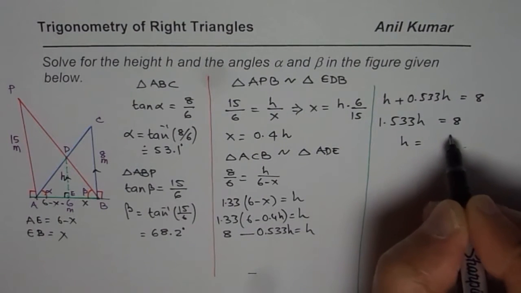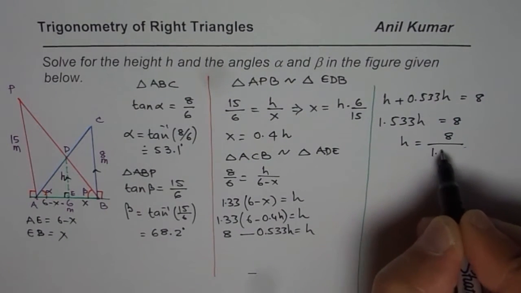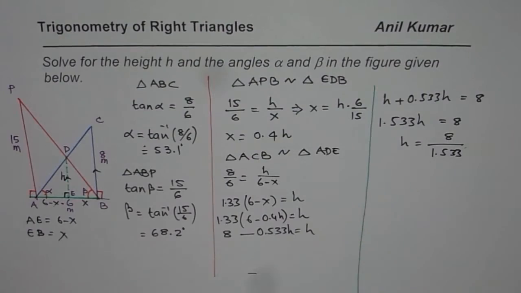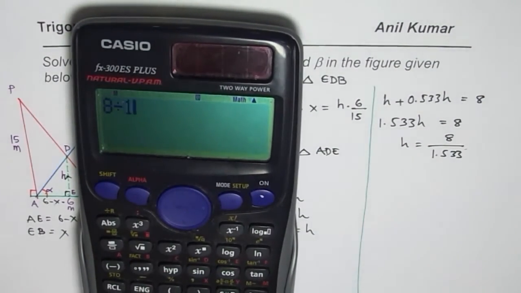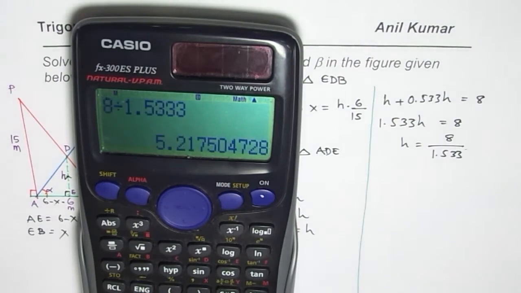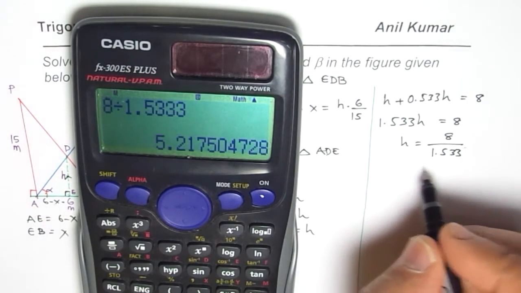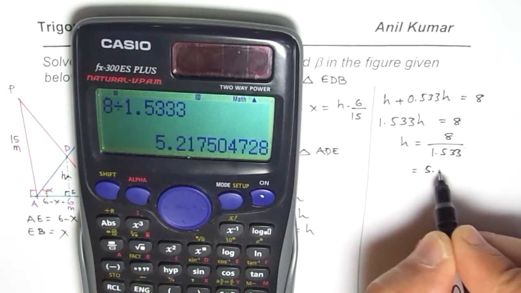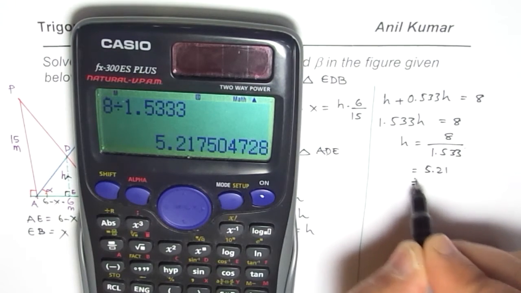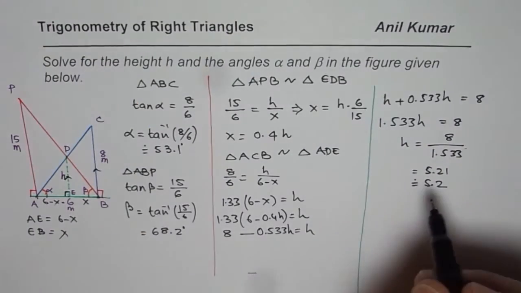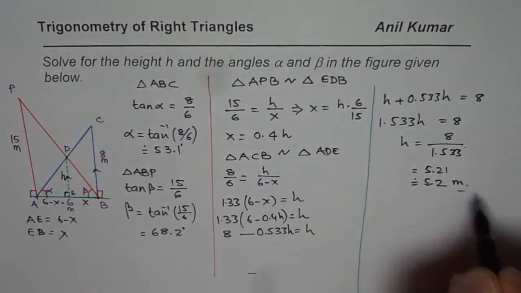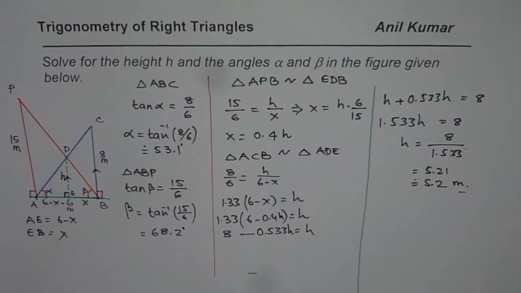So h is equal to 8 divided by 1.533, which is 5.21, approximately 5.2, right? So the height will be 5.2, and the units will be meters, since all the dimensions are in meters. So that is how you can find the height.